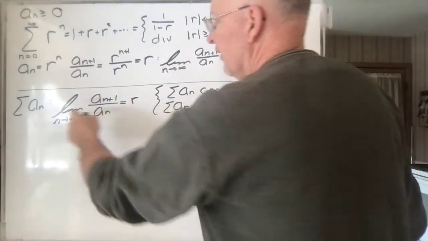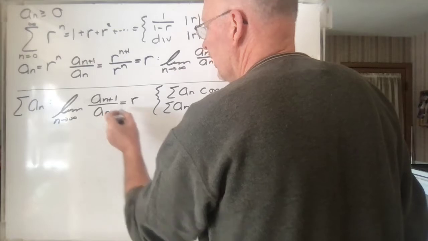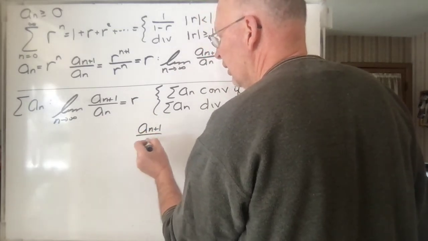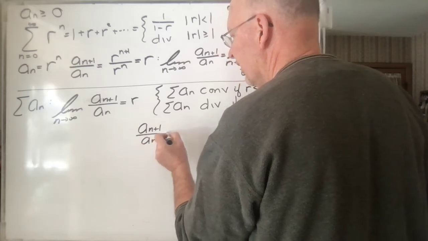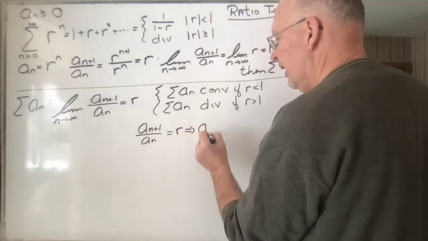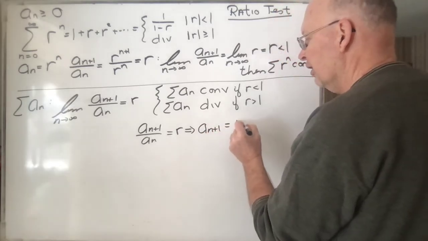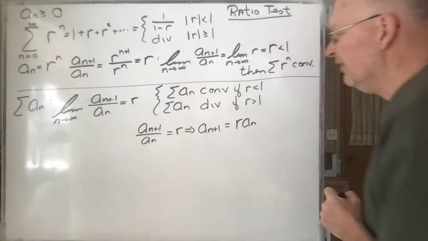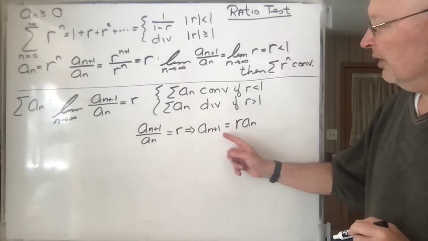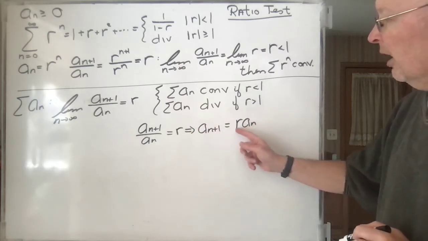If you take this and you just say, okay, in the long run, this thing here is equal to r, that really kind of means that a sub n plus 1 is equal to r times a sub n. So it's basically saying that you get the next term in the sequence in the long run by just multiplying the previous term by r.